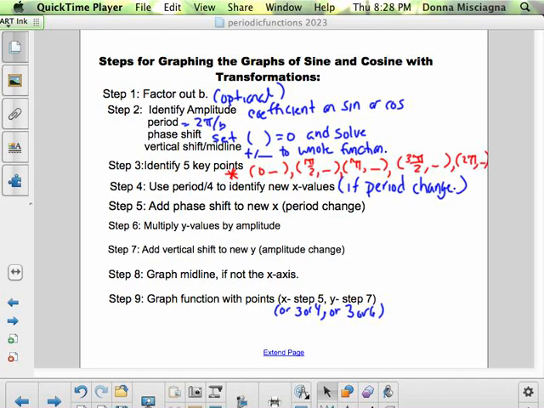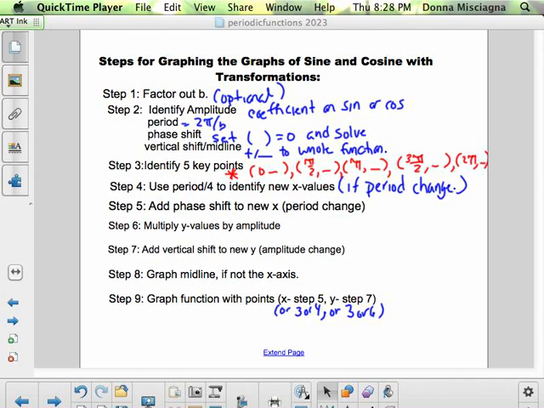All right, so once we've identified those 4 key features, we're going to find our 5 key points. It's the same key points as throughout the entire graphing section, right? So the x is the quad angles, 0, pi halves, pi, 3 pi halves, and 2 pi. And the y value depends on whether it's sine or cosine. If it's sine, then it's 0, 1, 0, negative 1, 0.